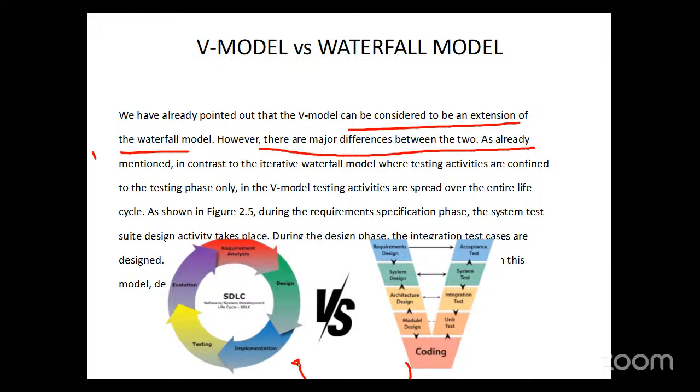In contrast to the iterative waterfall model, where testing activities are confined to the testing phase only, in the V model are we restricting ourselves to only the test phase?